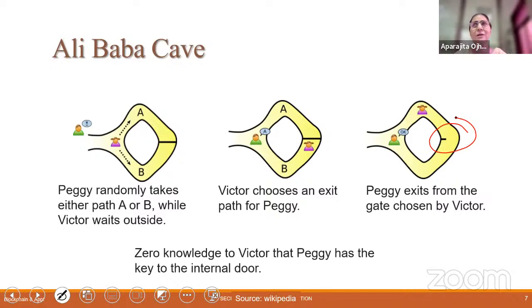So Victor knows that Peggy has the knowledge, has the correct input for coming out from a specific path, but he himself does not have any knowledge as to how to come out of path A or path B if you randomly select any path. So this is known as the Alibaba cave puzzle.